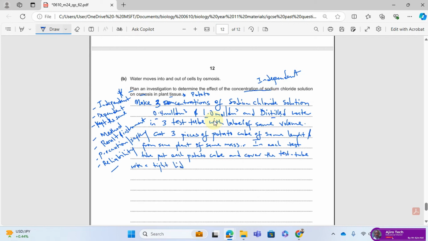Why are you covering with a tight lid? To prevent evaporation of water. What else are we going to do in our method before we now take our result?